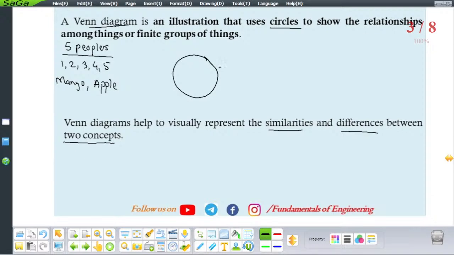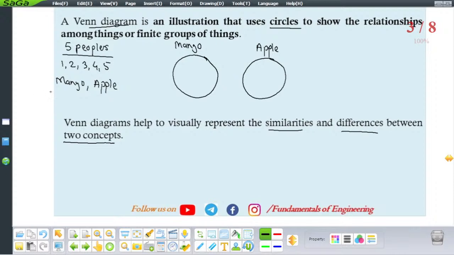Suppose we draw one circle that represents the people who like mango, and a second circle representing the people who like apple.